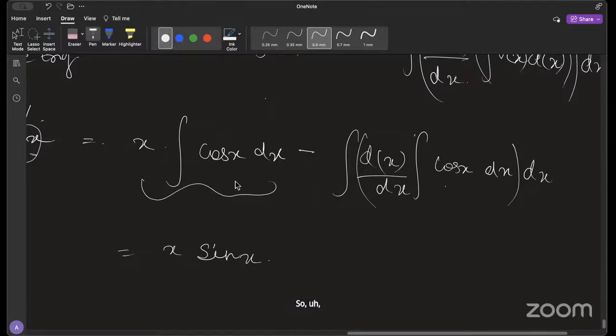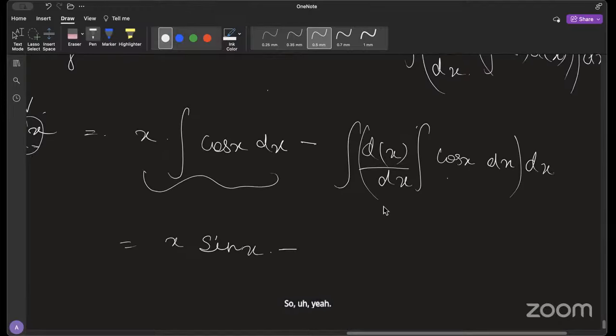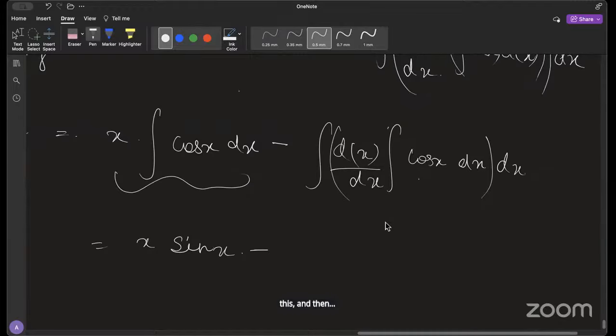So yeah, this, and then for this one, the derivative of x is 1. The integral of cos x is this term, the integral of cos x. The integral of cos x is sin x. And then dx, this one.